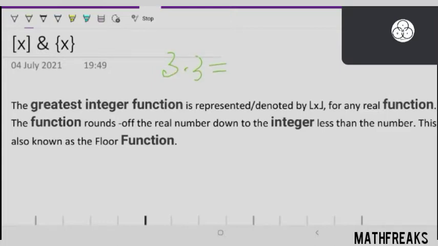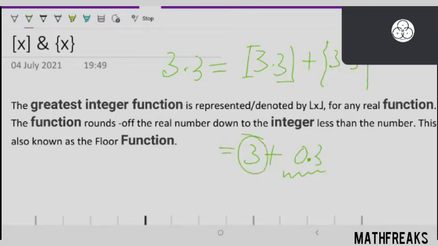We can write it as box of 3.3 plus fractional part of 3.3, which will give us 3 plus 0.3. This is the fractional part. This is the greatest integer less than or equal to x.